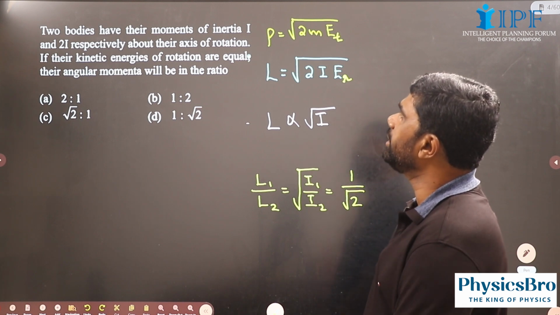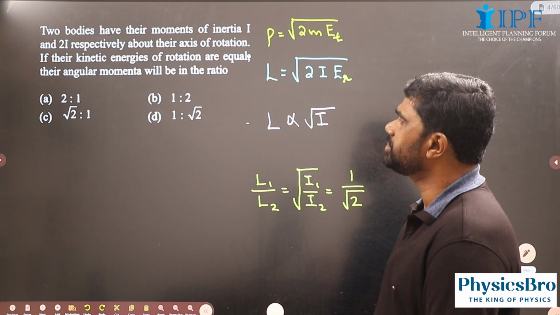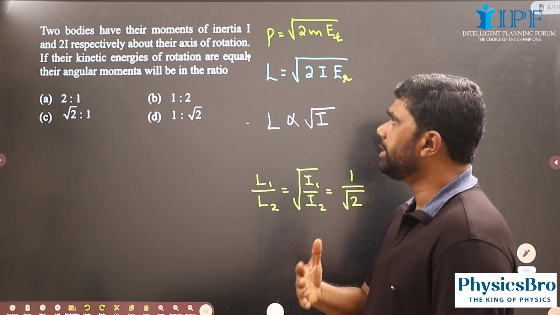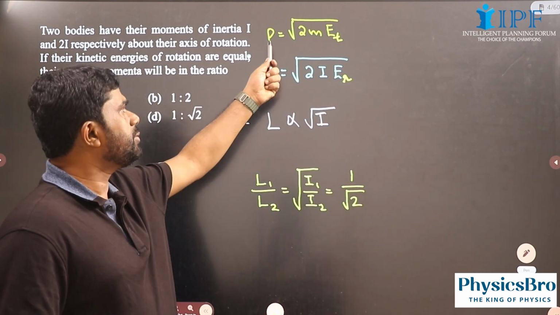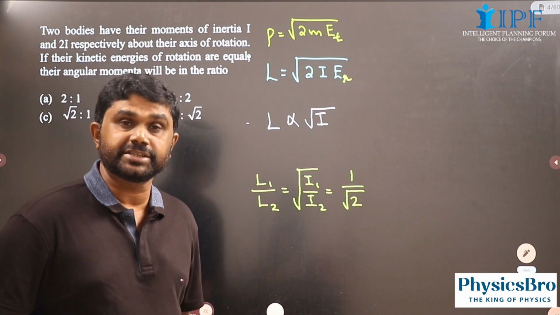Two bodies have their moments of inertia I and 2I respectively about their axis of rotation. If their kinetic energies of rotation are equal, then their angular momenta will be in the ratio. See, this is linear momentum in terms of mass and translational kinetic energy.